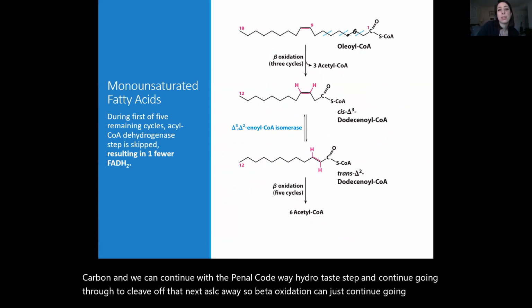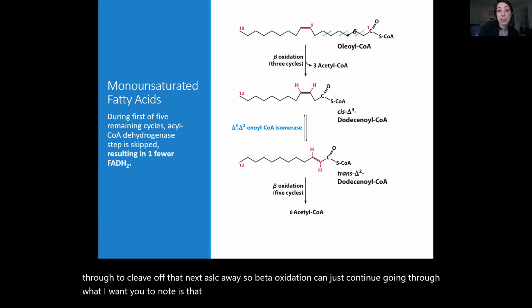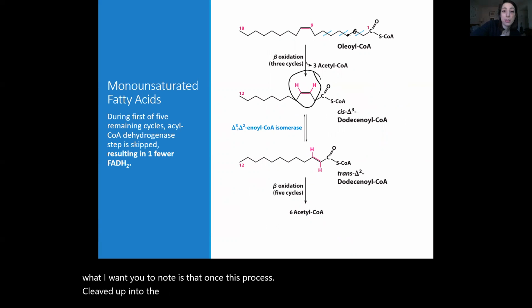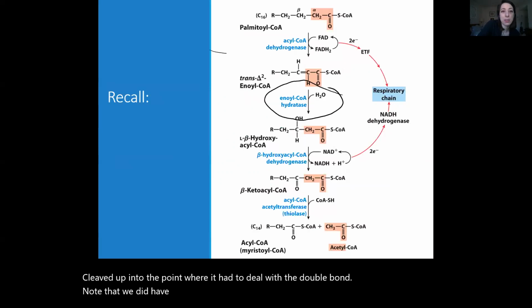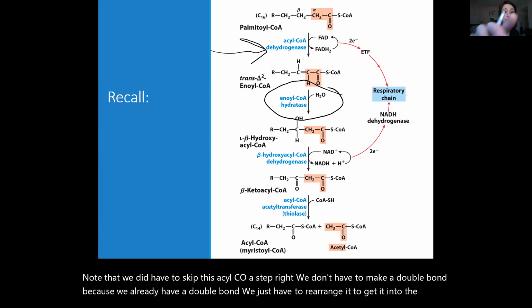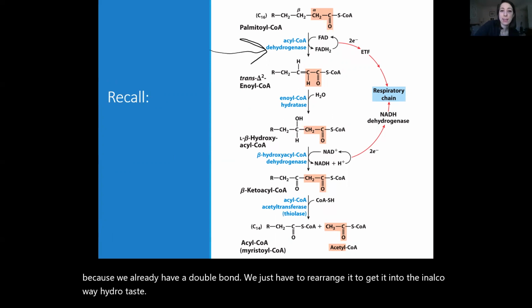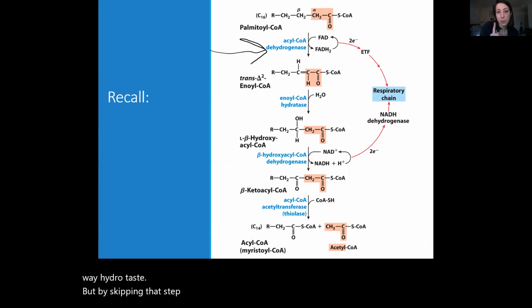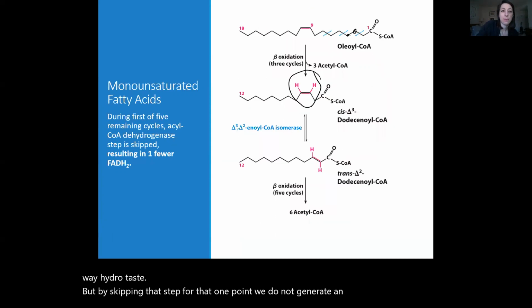What I want you to note is that once this process cleaved up to the point where it had to deal with the double bond, we did have to skip this acyl-CoA step, right? We don't have to make a double bond because we already have a double bond. We just have to rearrange it to get it into the enol-CoA hydratase. But by skipping that step for that one point, we do not generate an FADH2.